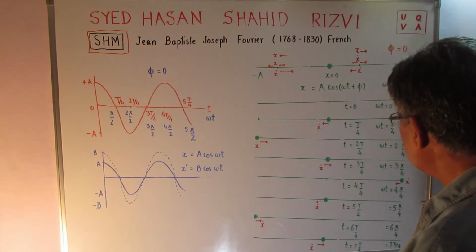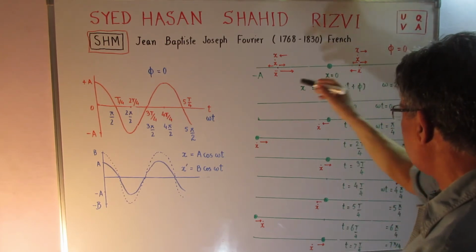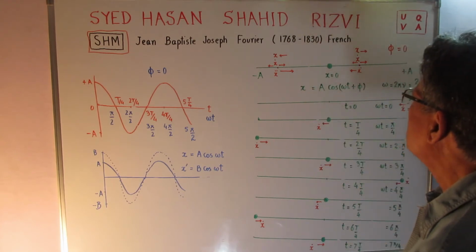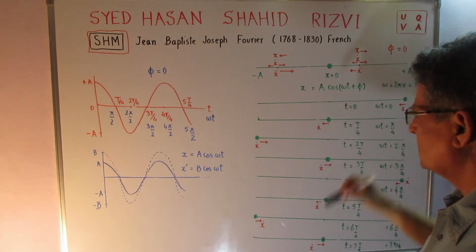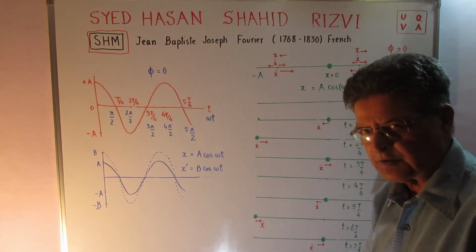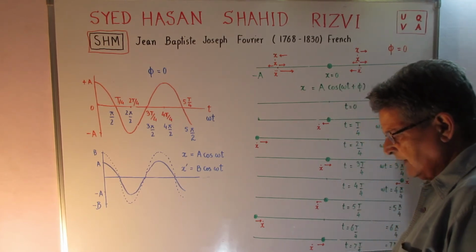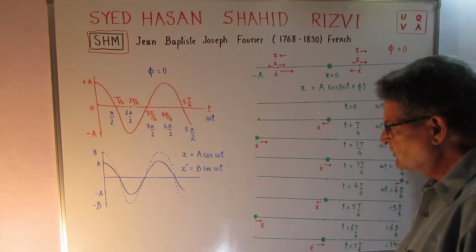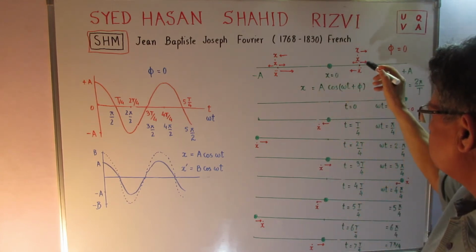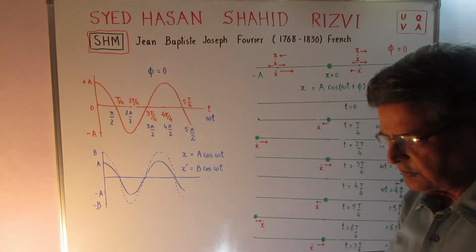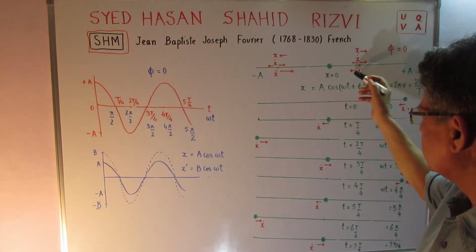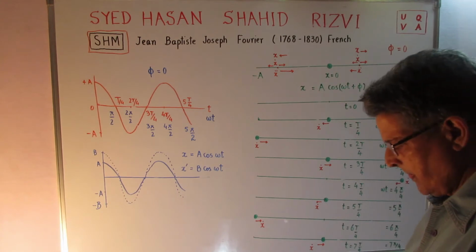So whether the particle is going from left to right or coming back from right to left, in both conditions x is the same and x double dot is the same. The only difference is that while the direction of x is away, positive over here, the value of x double dot is towards it, so it is a negative value.